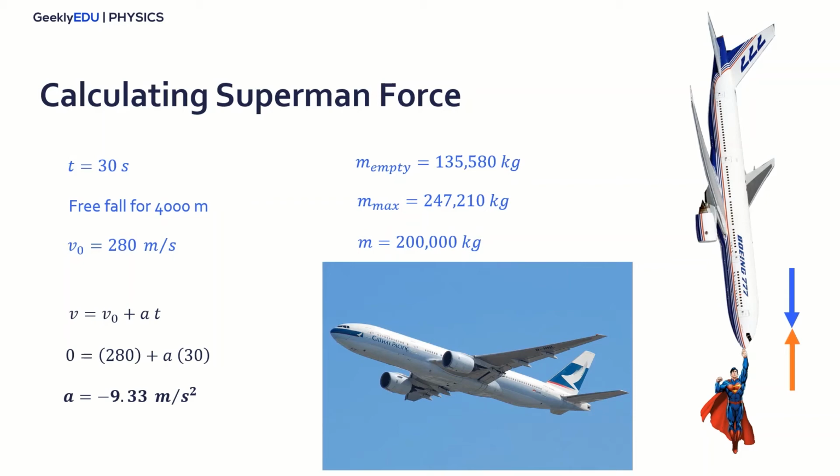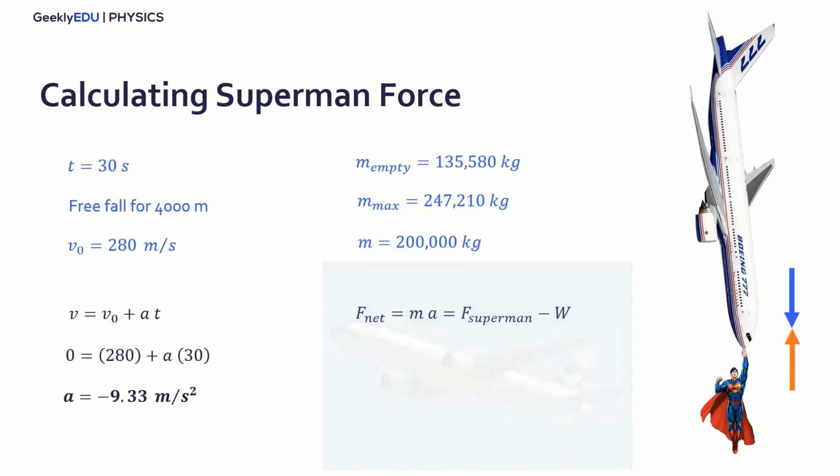Alright, now we can use Newton's second law of motion, where the net force is the mass times the acceleration. The net force in this case is the Superman force and the weight of the airplane. So we can calculate the Superman force using this formula.